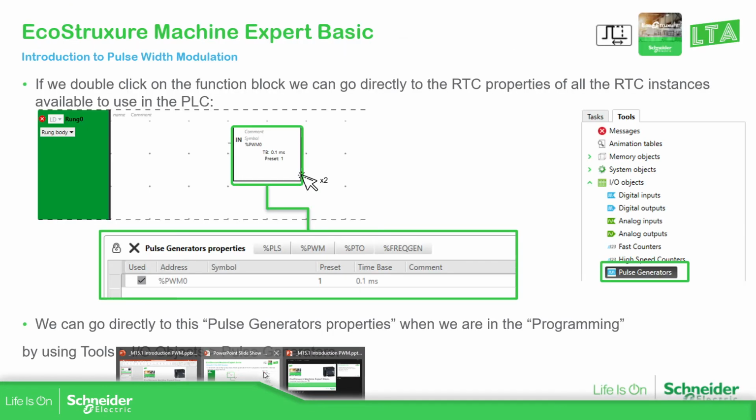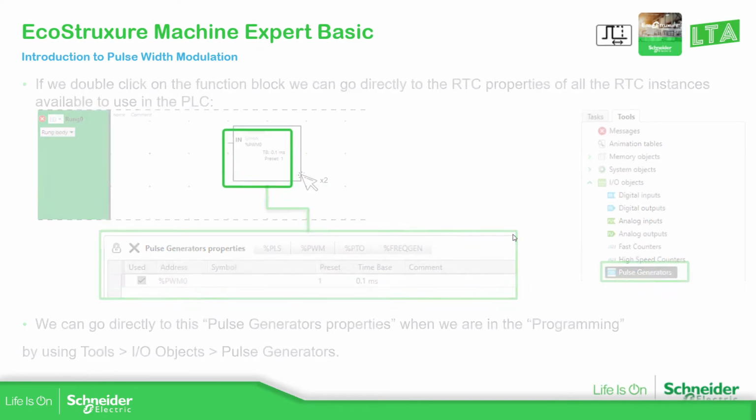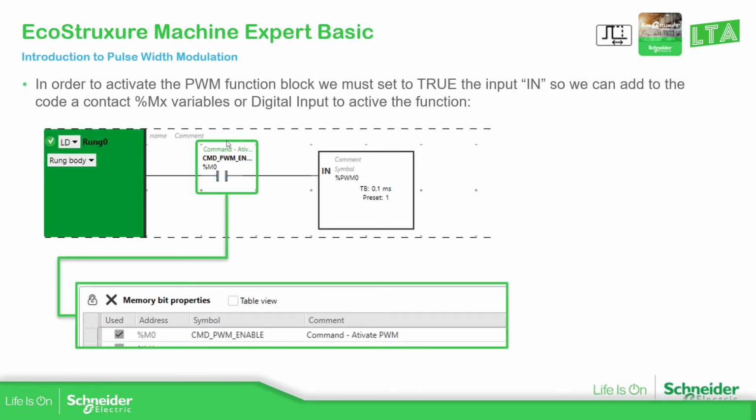If we continue with the presentation now, we can add a contact over here in order to activate the use of the PWM. In this case I add this one. Let's add it.